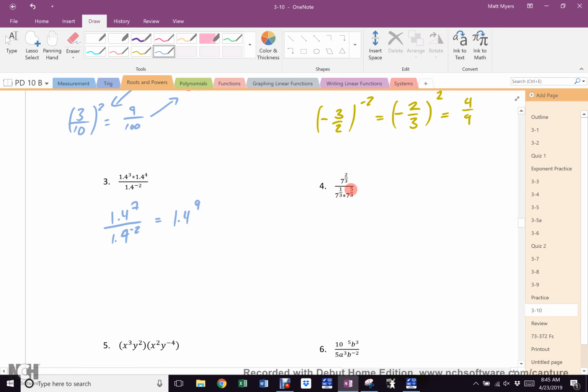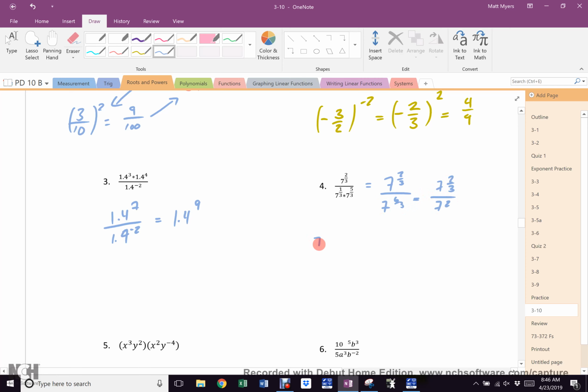What are we doing here? You do the bottom part first. 7 to the 2/3 over 7 to the what? To the 6/3, which is what? 7 to the 2/3 over 7 squared.